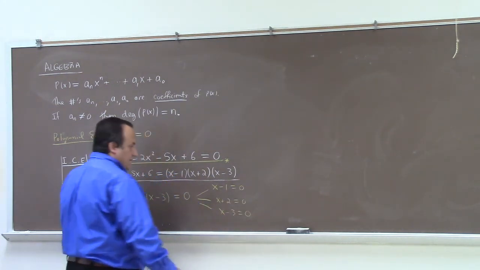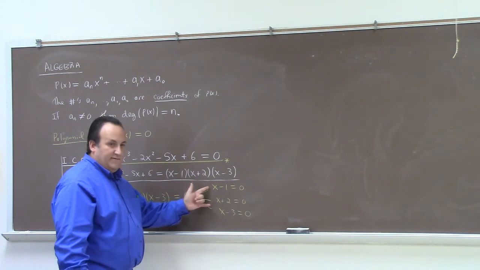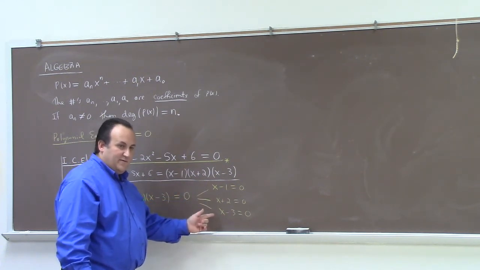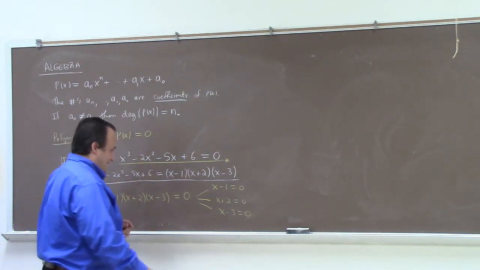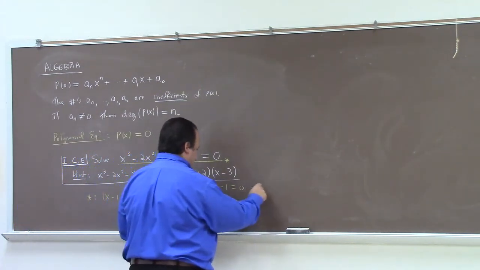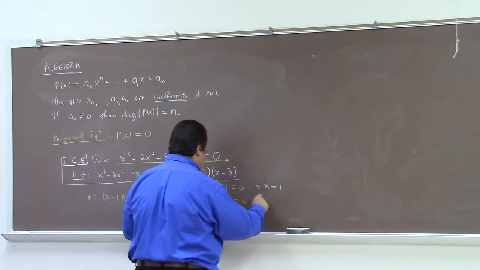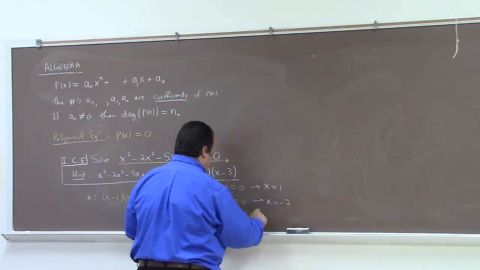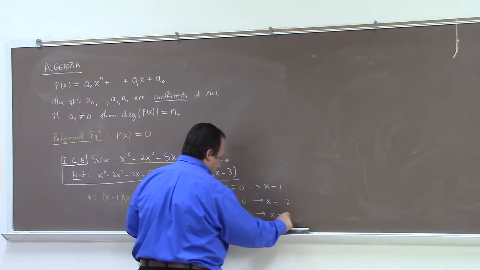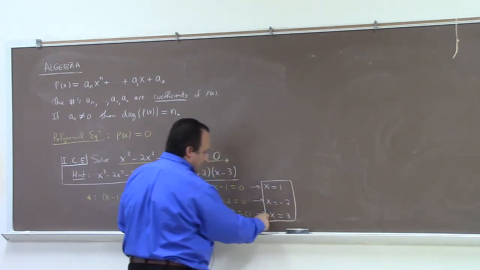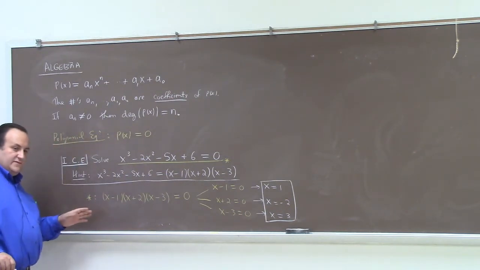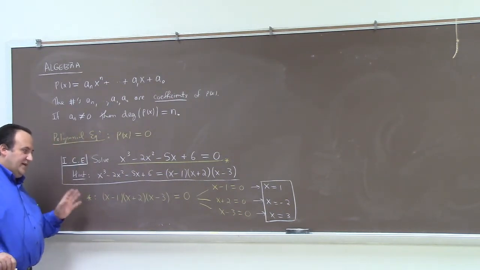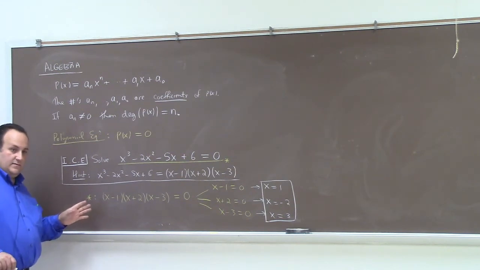Now, at this point, we have worked our way back to the kind of problems I was solving for Math 101 this morning. One equation and one unknown. And so those, we just get x equals 1, x equals minus 2, and x equals 3. Now it's important to notice here that the solutions have a different sign than the factored form, right?